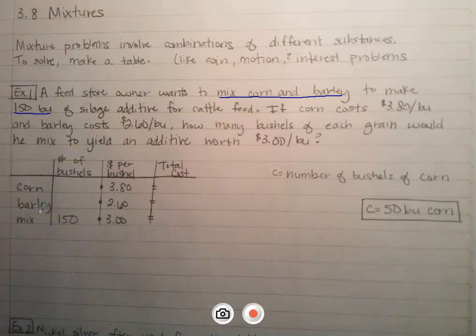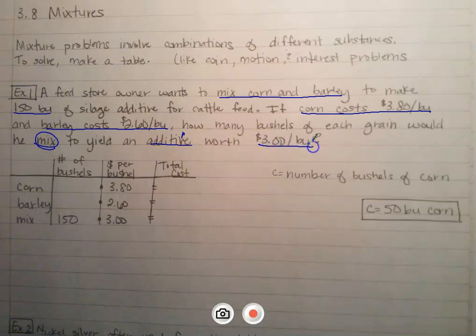Okay, so if the corn costs $3.80 a bushel, and the barley costs $2.60 per bushel, that's a unit rate for each of those, how many bushels of each grain would he mix to yield an additive, that's the mixture, worth $3 per bushel?